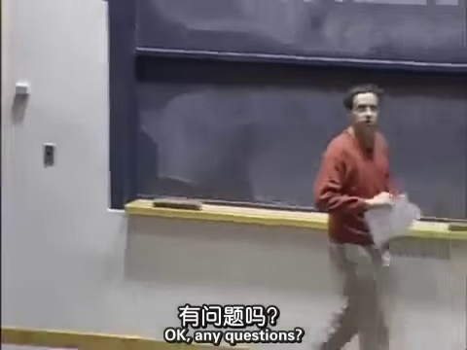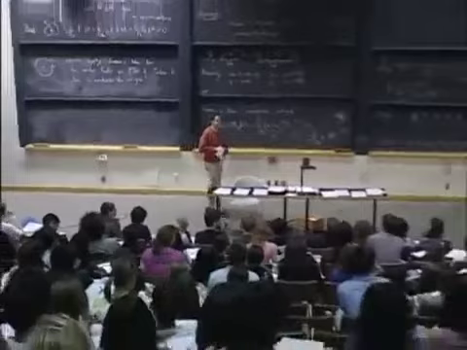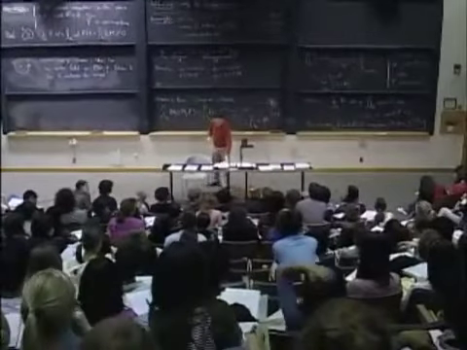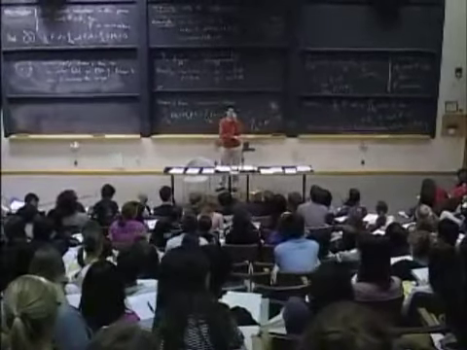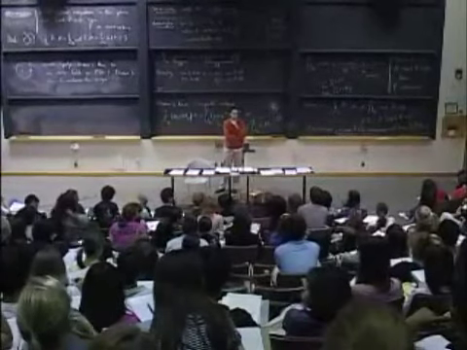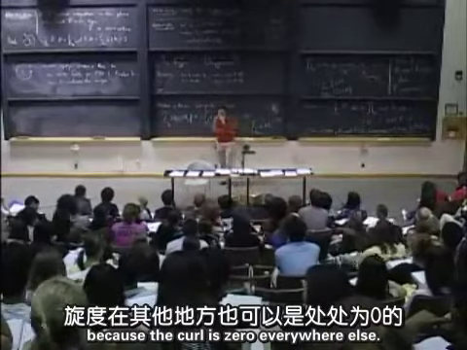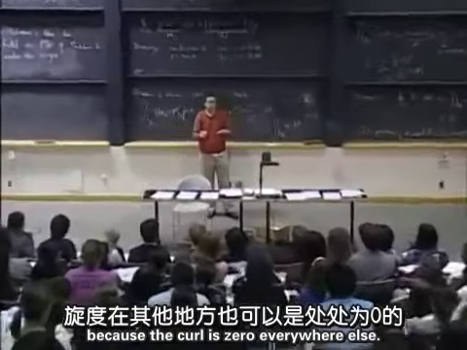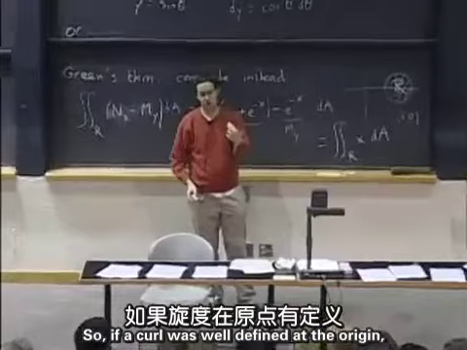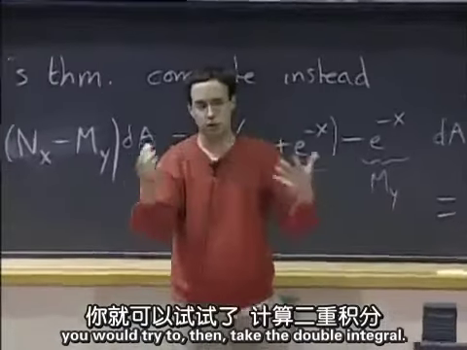Okay, any questions? Yes? But if we know the work that we do, can we find the curl of f at that point? Well, so actually it's not defined, see, because the curl is 0 everywhere else. So if the curl was well defined at the origin, you would try to then take the double integral.